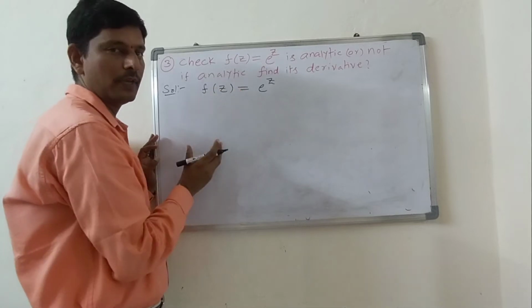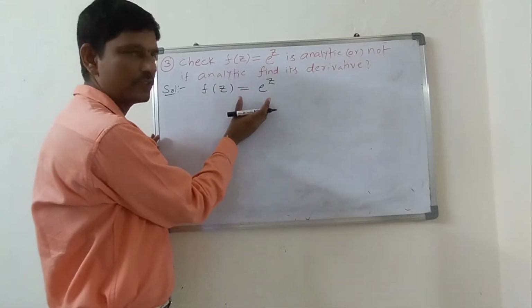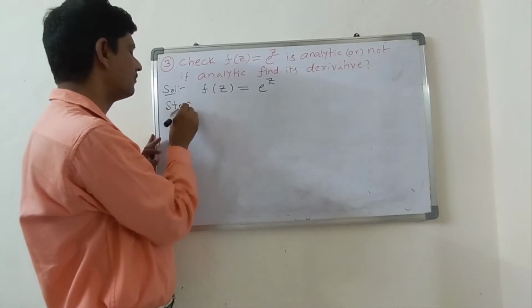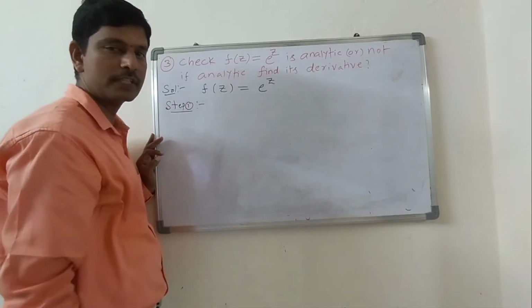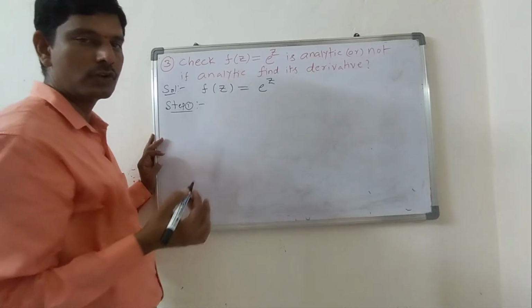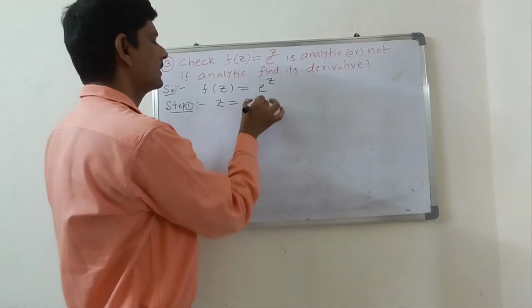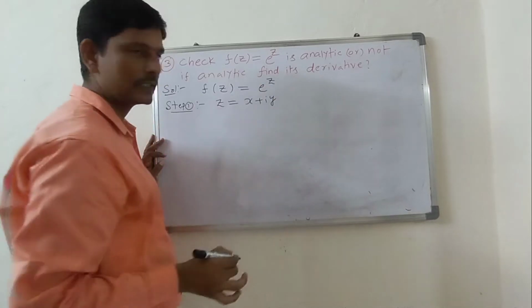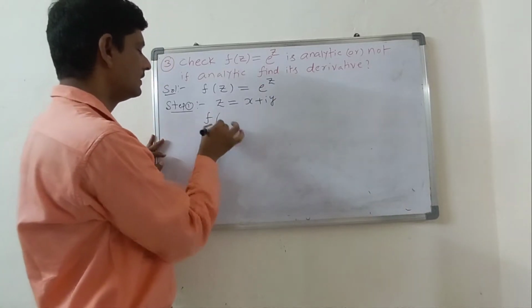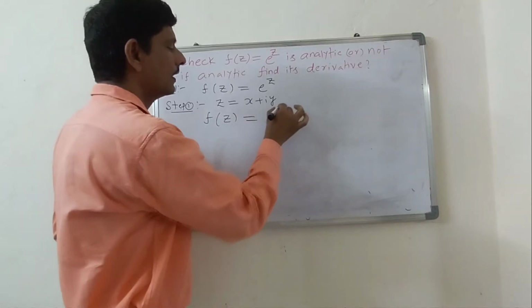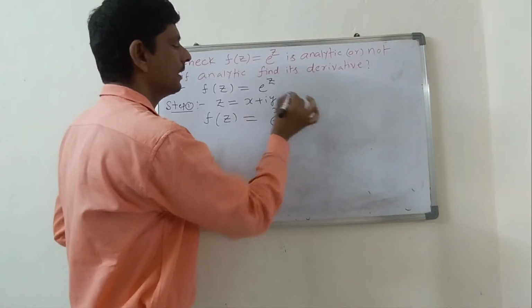Similar to the previous problem, the function is given in terms of z, so our step number 1 is to substitute x plus iy in place of z and convert it into the form u plus iv. So f of z is equal to e^(x+iy).